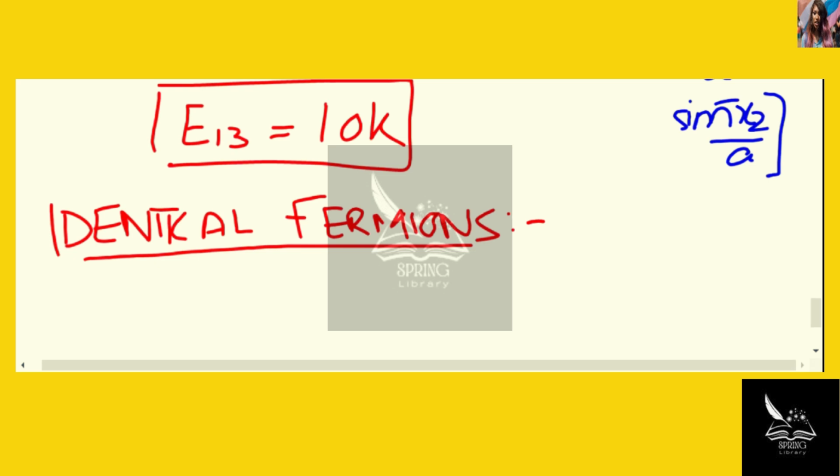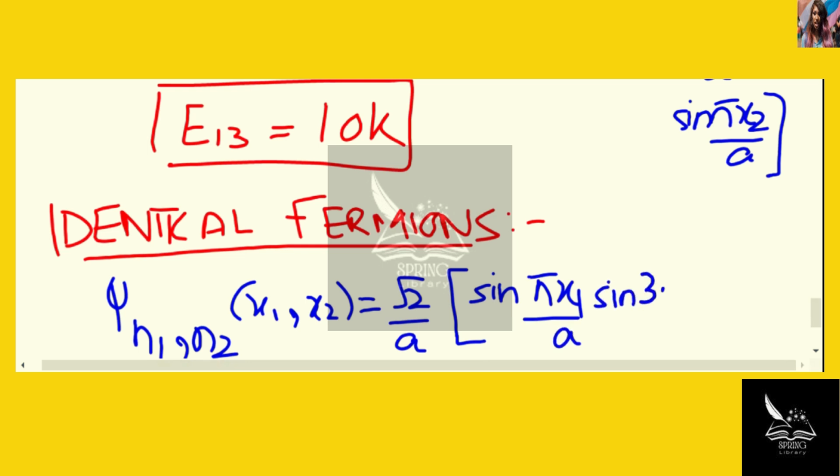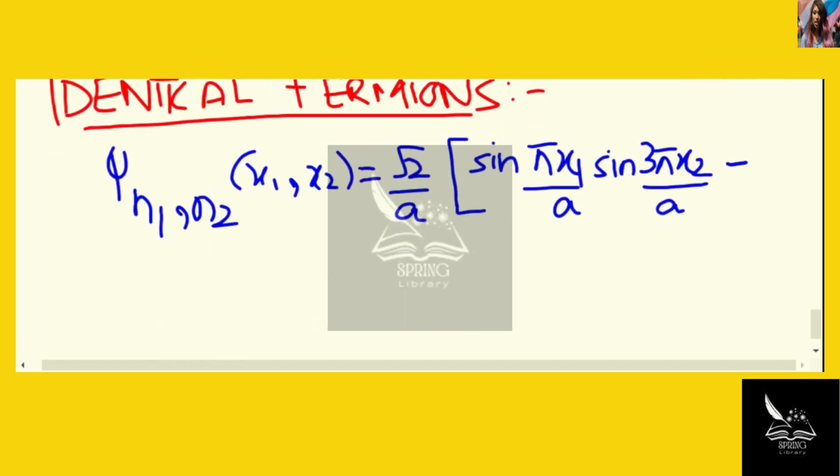That would be psi n1, n2 of x1, x2 is equal to under root 2 divided by a, square bracket, sine pi x1 divided by a sine 3 pi x2 divided by a negative. Again, I'm running out of space over here, so that would be sine 3 pi x1 divided by a and sine pi x2 divided by a, right?